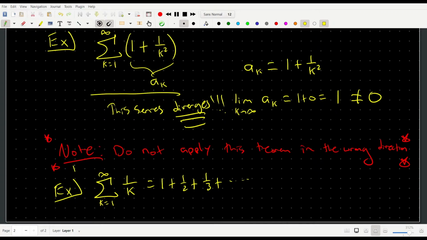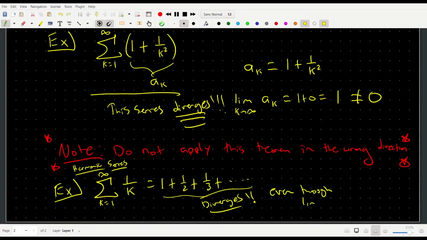This is called the harmonic series. This series diverges, even though the limit of the terms that underlie this series, the limit of a_k, which is the limit as k goes to infinity of 1 over k, is equal to 0.